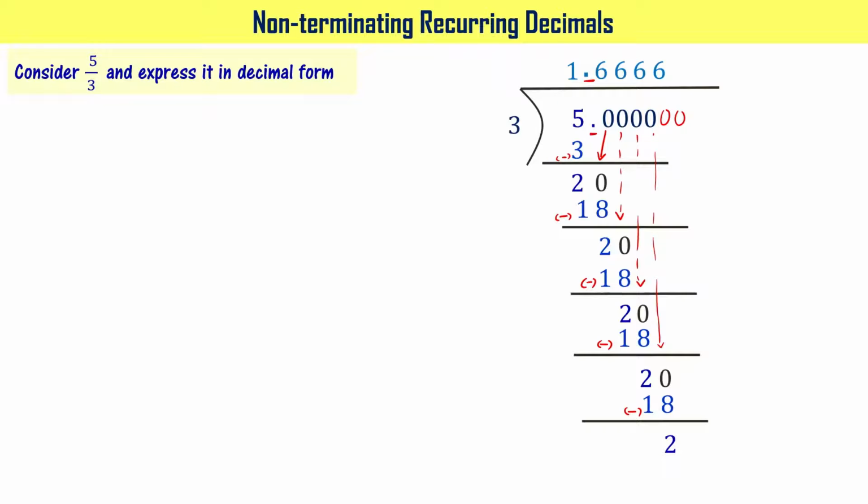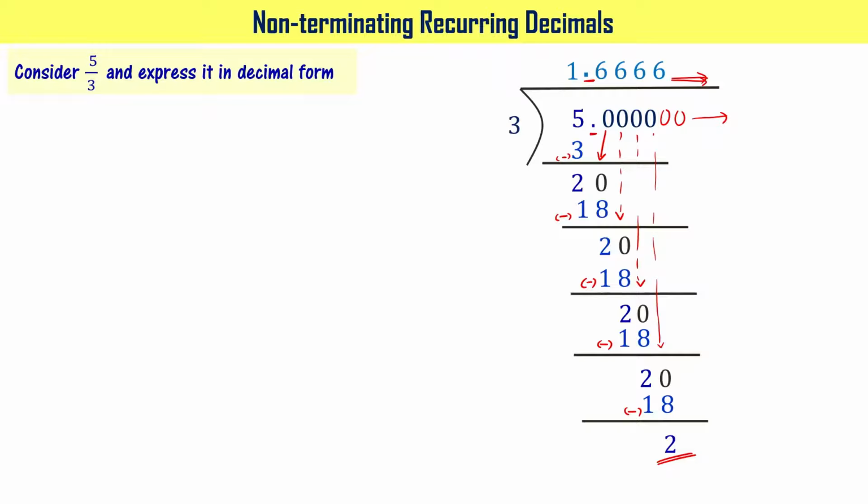So I can bring further zeros down and repeat this process. But what happens is, as I keep adding zeros, I'll keep getting more and more sixes here, right? But you are never going to get 0 as the remainder.